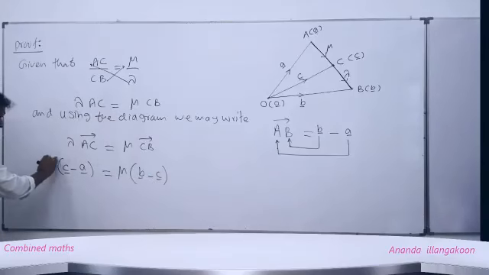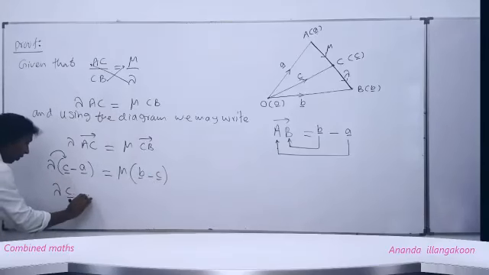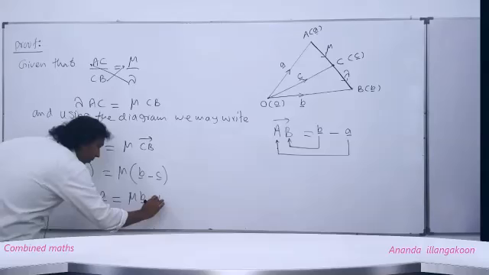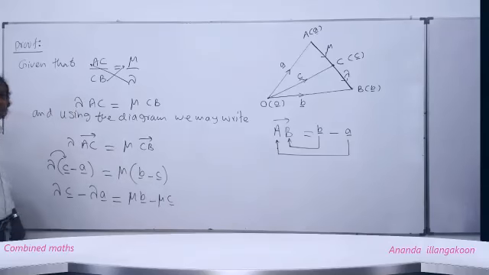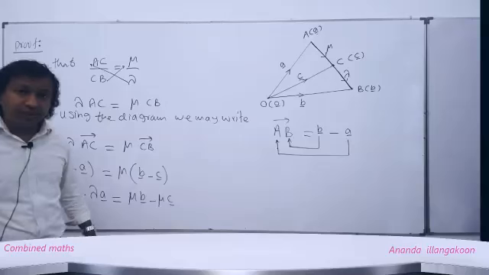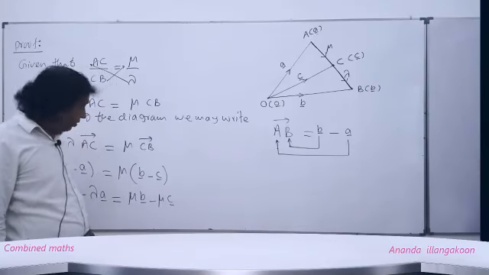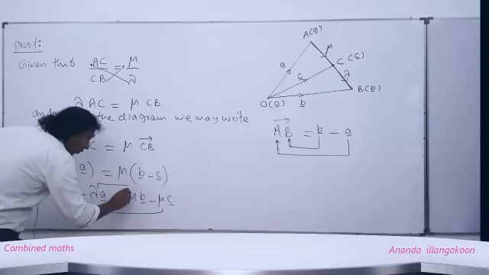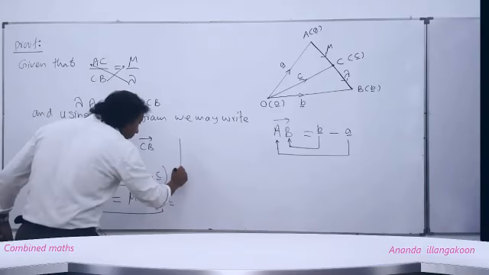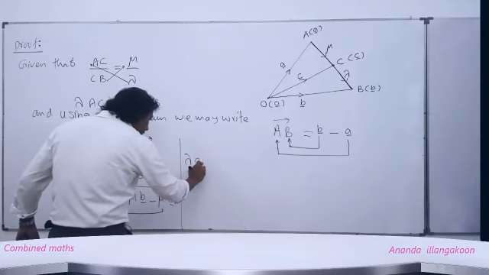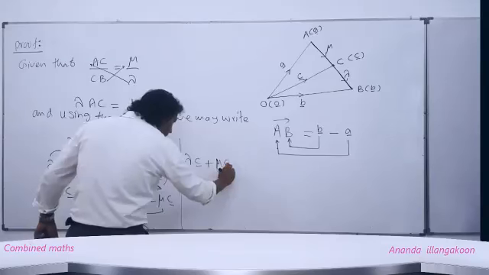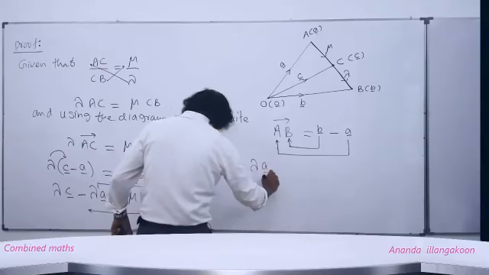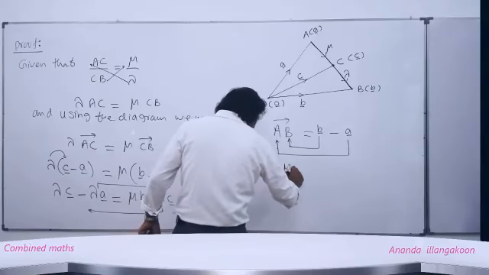Now remove the bracket. Lambda C vector minus lambda A vector equals mu B vector minus mu C vector. People, we need the vector C, so we'll bring the C vector to one side. We'll bring this to this side and this to the right hand side. Then we get lambda C vector plus mu C vector is equal to, bringing lambda A to the right hand side, lambda A vector plus mu B vector.